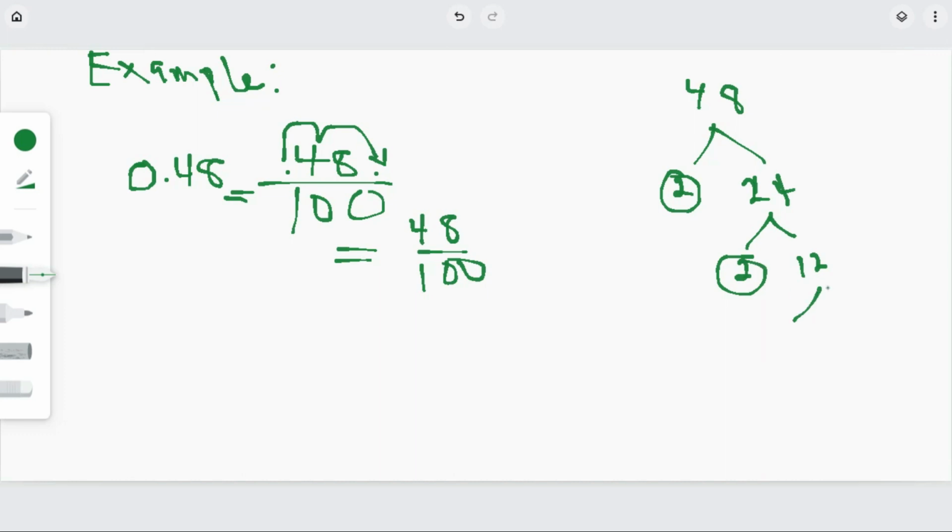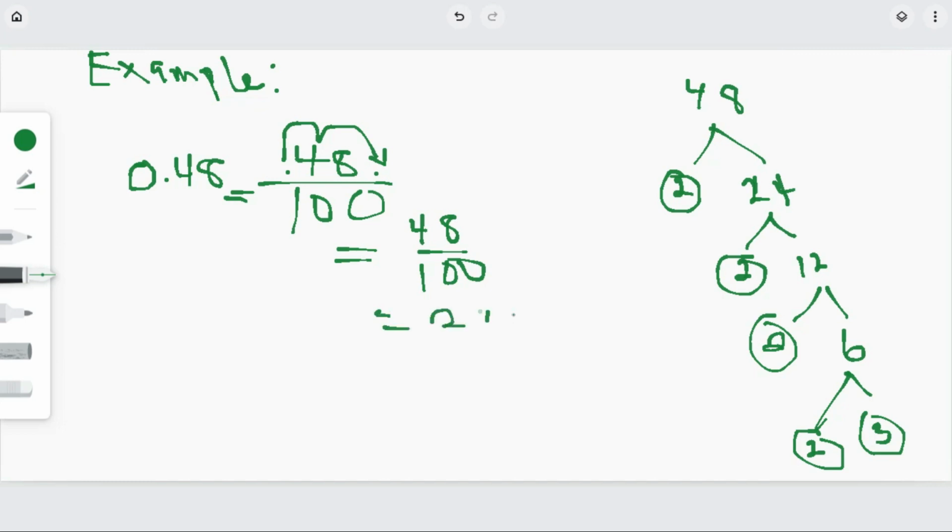What gives you 12? That's 2 times 6. 2 is a prime number. You write 6 here, so this will be 2 times 3. Understand? So what we now have is 2 times 2 times 2 times 2 times 3.